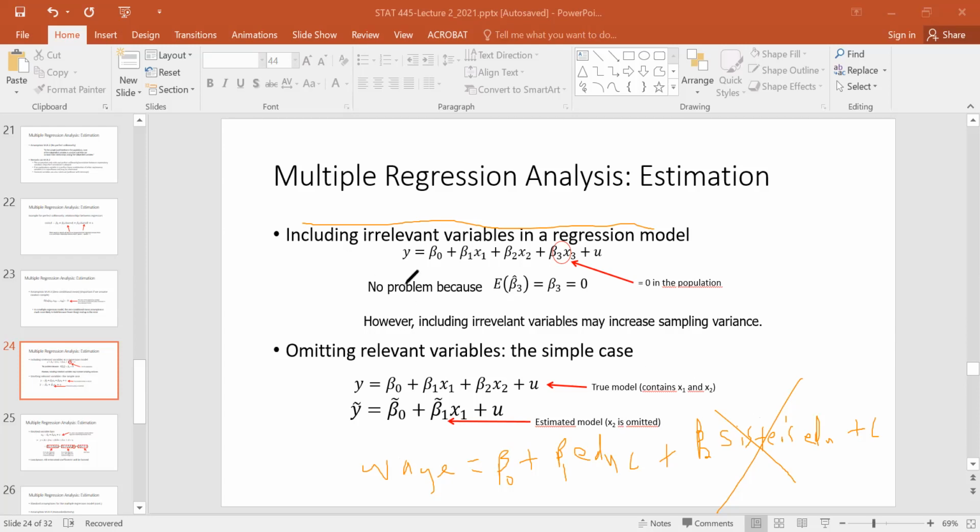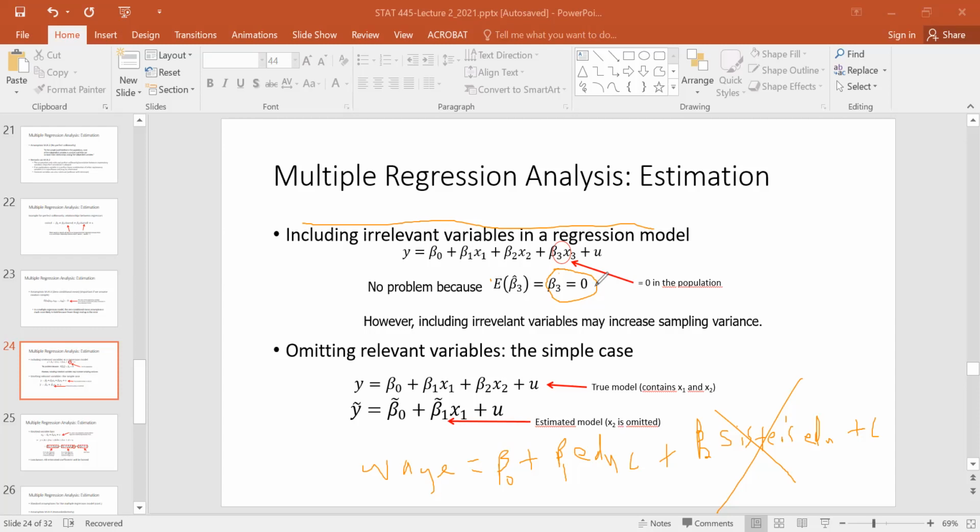Assuming x3 is irrelevant, in other words, beta 3 should have a population value of 0. It is irrelevant in this equation. So beta 3 is actually 0, meaning it doesn't belong here. Because the population value is 0, when we estimate beta 3, the expectation is also 0. So there's no problem in terms of unbiasedness of our beta 0 hat, beta 1 hat, beta 2 hat.